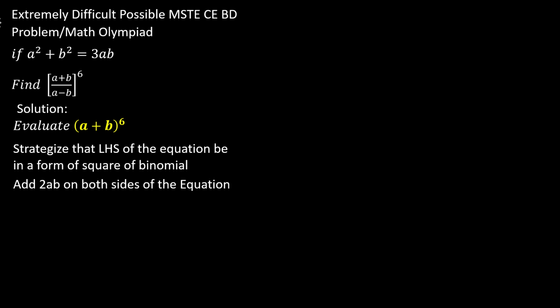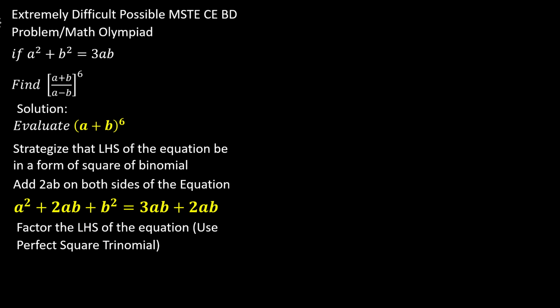Originally it is a squared plus b squared equals 3ab, but since we have added 2ab on both sides, this is now how it looks. If we read it, a squared plus 2ab plus b squared equals 3ab plus 2ab.